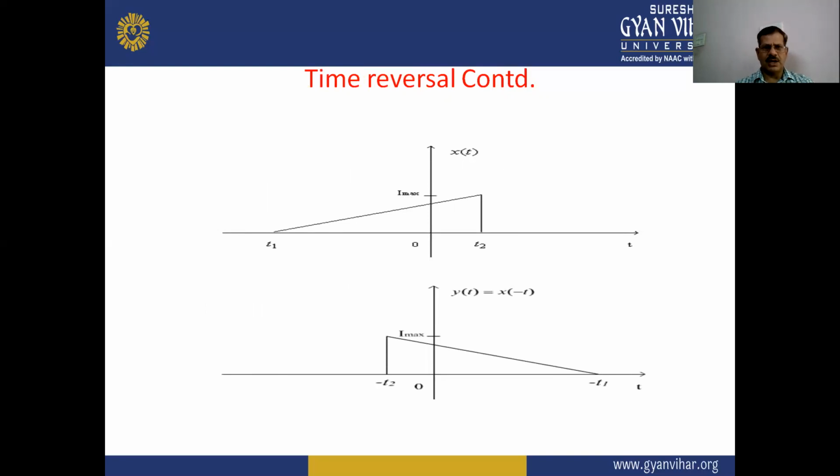And here is the representation of time reversal signals. The first is the representation for x(t) versus t, and the second is for y(t) equal to x(-t). So this is the time reversal signal representation in these two diagrams.